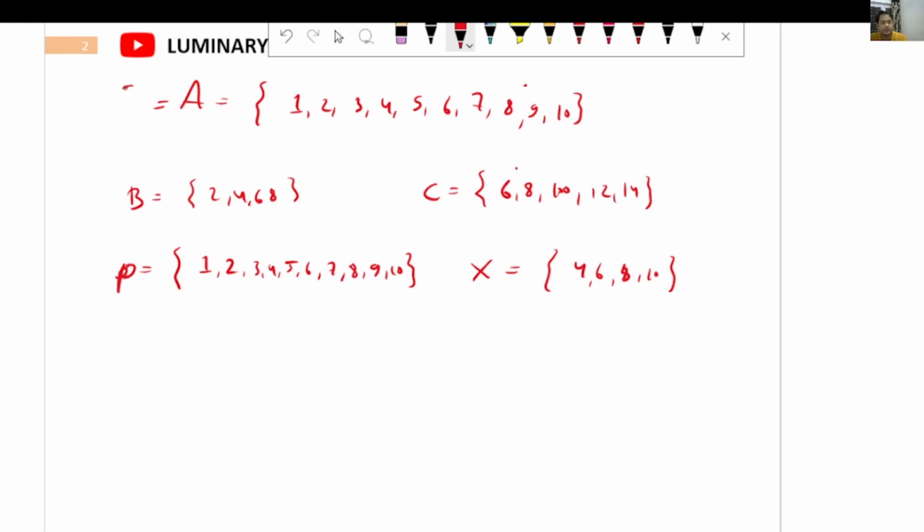A is basically the universal set, so I can consider it as a universal set, right?